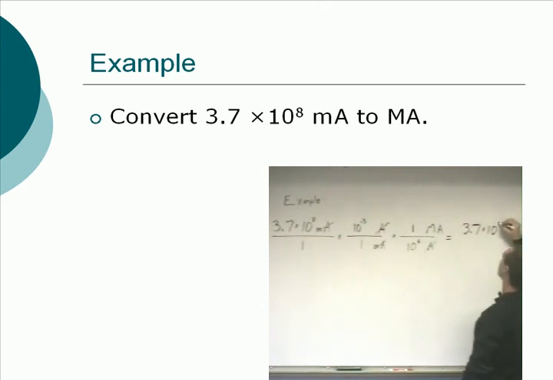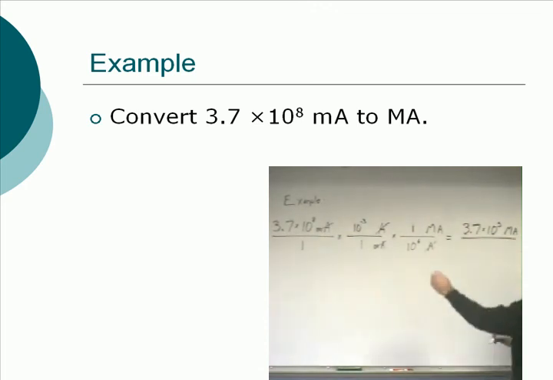Yes, 10 to the 5th megaamps over 10 to the 6th. Now, again, properties of exponents, what happens when you take 10 to the 5th and divide it by 10 to the 6th? You subtract, and so our answer is 3.7 times 10 to the negative 1 megaamps, and we're done. It's in scientific notation.